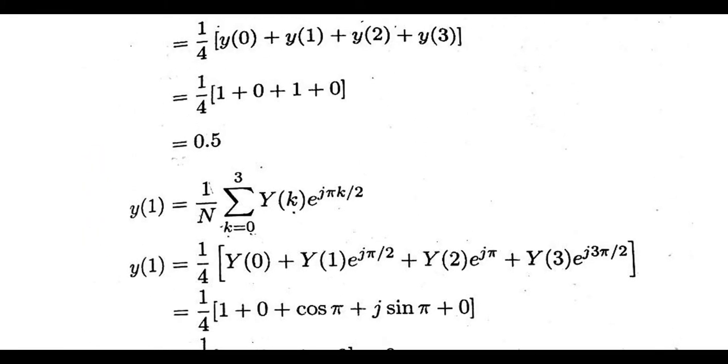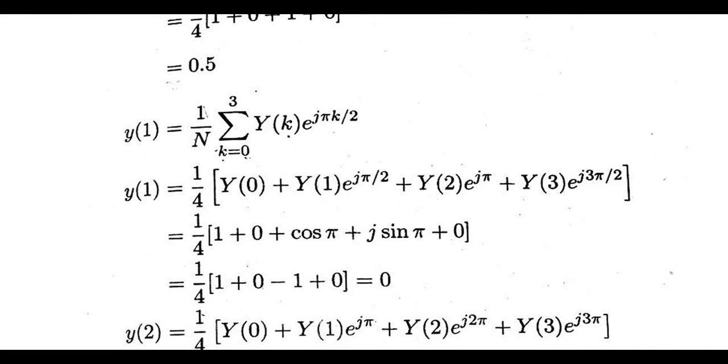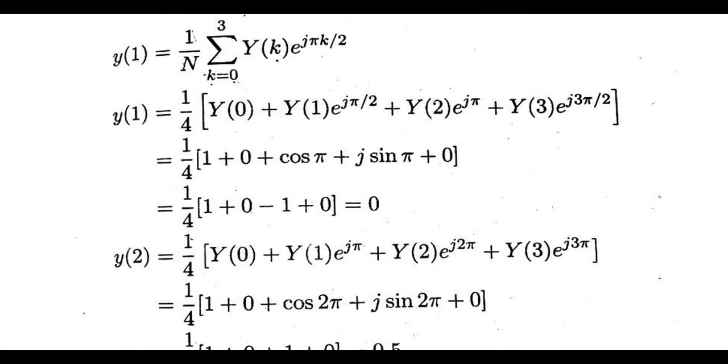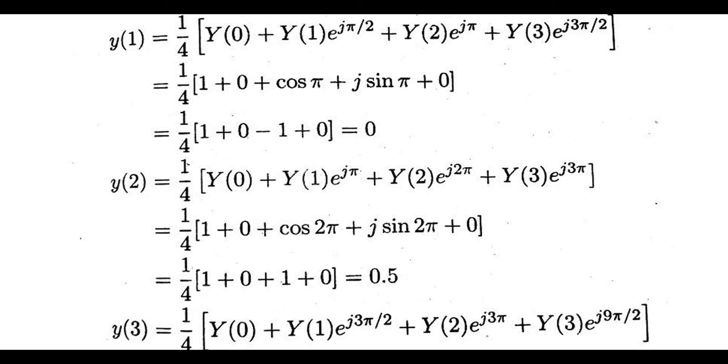We got the value of y of 0 is equal to 0.5, the value of y of 1 is equal to 0. Now putting the value of small n is equal to 2, we will get y of 2. That is y of 2 is equal to 1 by 4 into y of 0 plus y of 1 e raised to j pi.